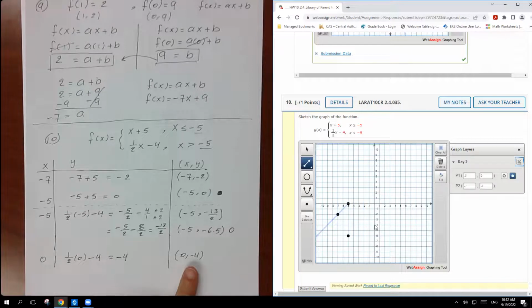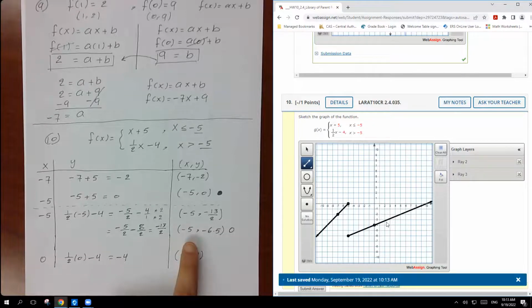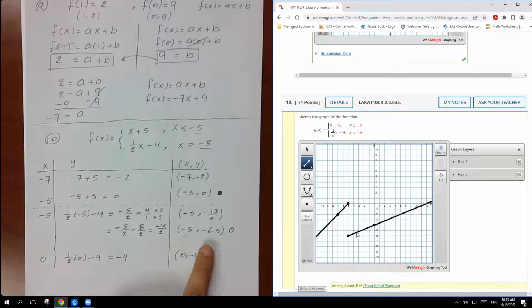That means this is the second graph. But the coordinate for this point is different than this one. It's going to be negative 5 and negative 6.5.